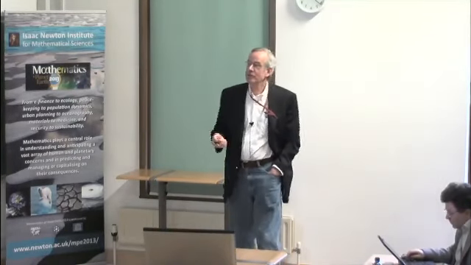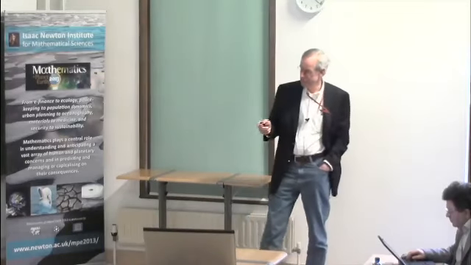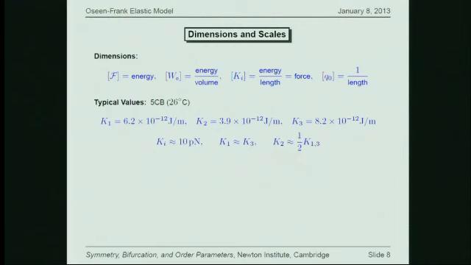I dug up typical values. I just pulled these out of the appendix of Ian's book. This was already mentioned in Oleg's talk yesterday. These are the values for a kind of typical low molecular weight liquid crystal as you might have in a display device. 5CB is the nickname of the material. These were the measured values at 26 degrees Celsius.